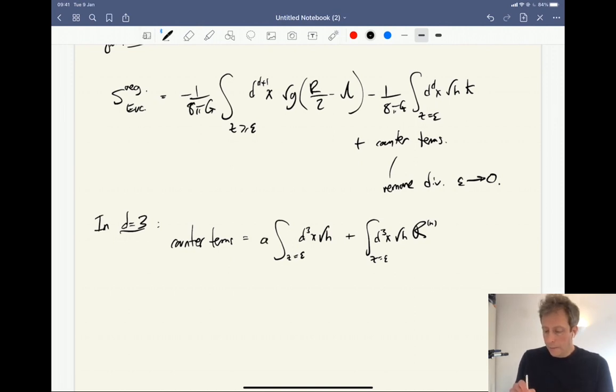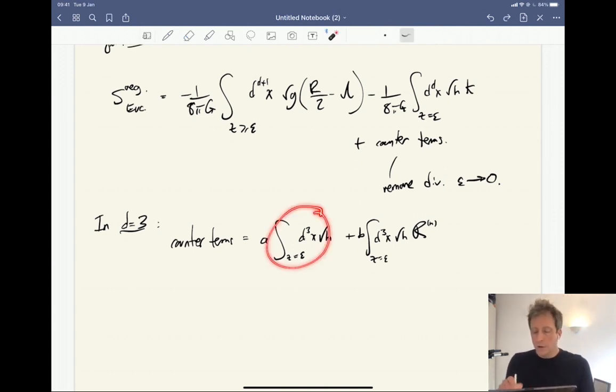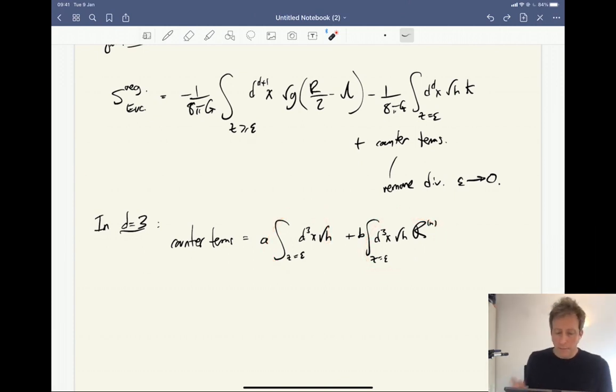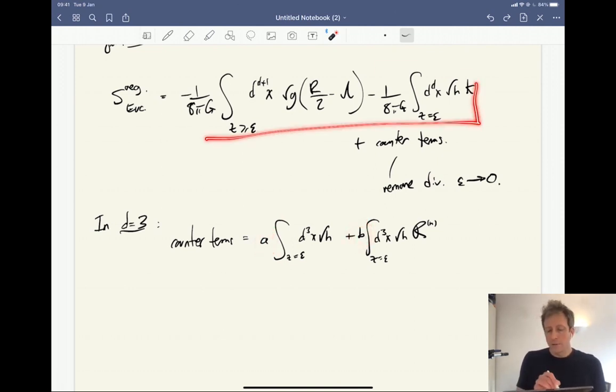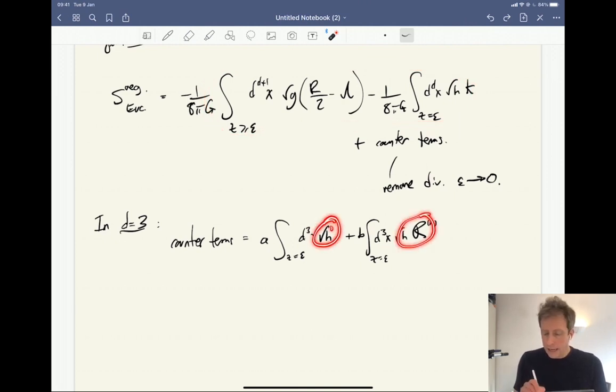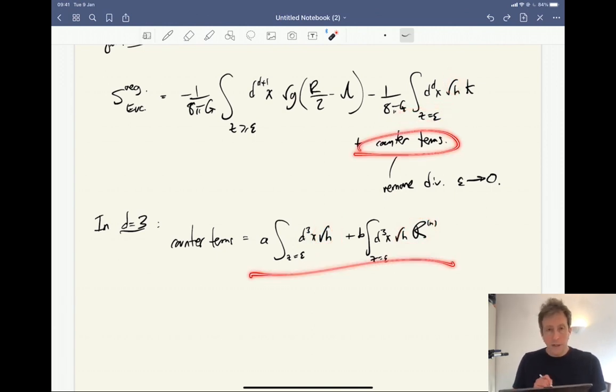And so in 3 dimensions, the divergences you have there are only 2 divergences, and you need 2 counter terms to subtract them. These constants a and b have to be suitably chosen and determined to remove the divergences as you take epsilon to 0. And again, this here, h, is this induced metric on this boundary here. And these are the counter terms you need in d equals 3.